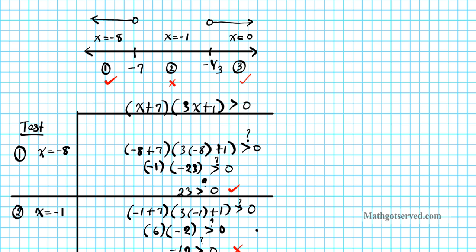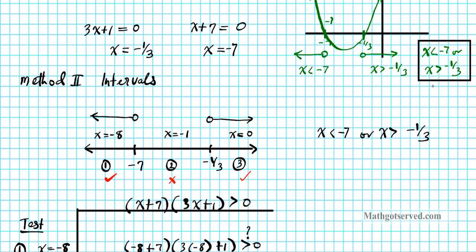So how do we represent these graphical inequalities algebraically? We just write it as x is less than negative 7, or x is greater than negative 1/3. That's basically what we got before when we used our graphical approach.